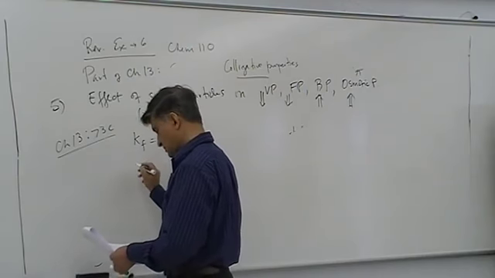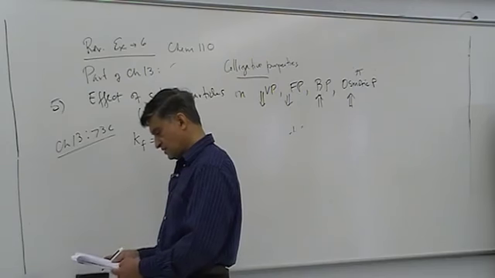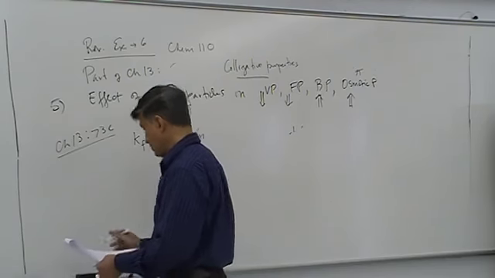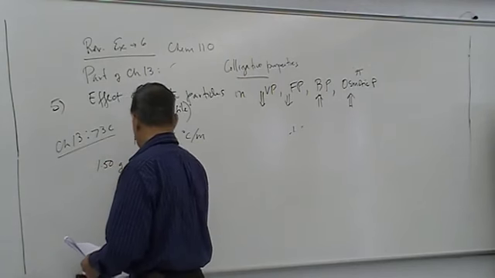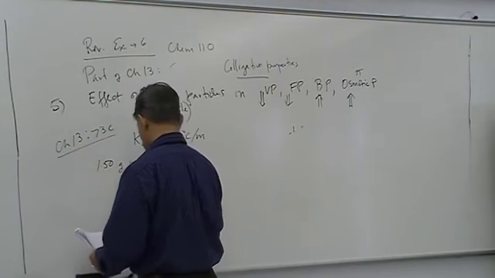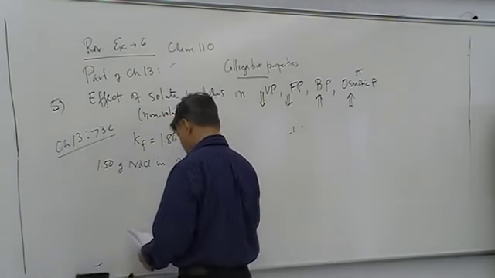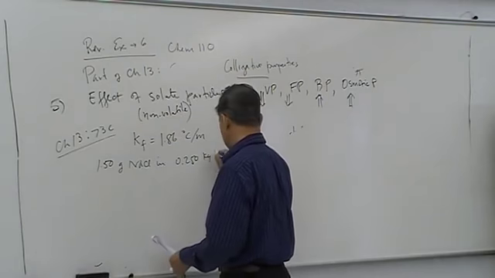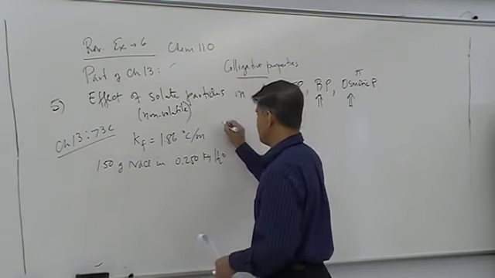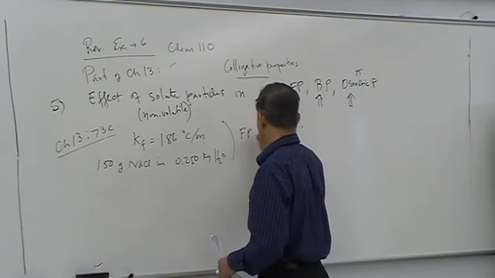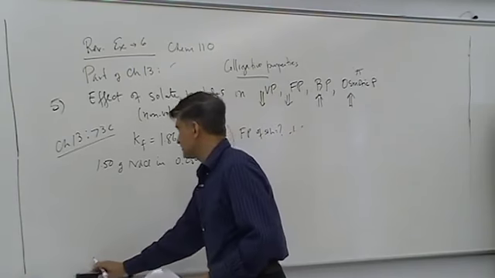I'll give you all these numbers here. They are adding 1.50 gram of sodium chloride in 0.250 kilogram H2O, which is the solvent. So what is the freezing point of the solution?